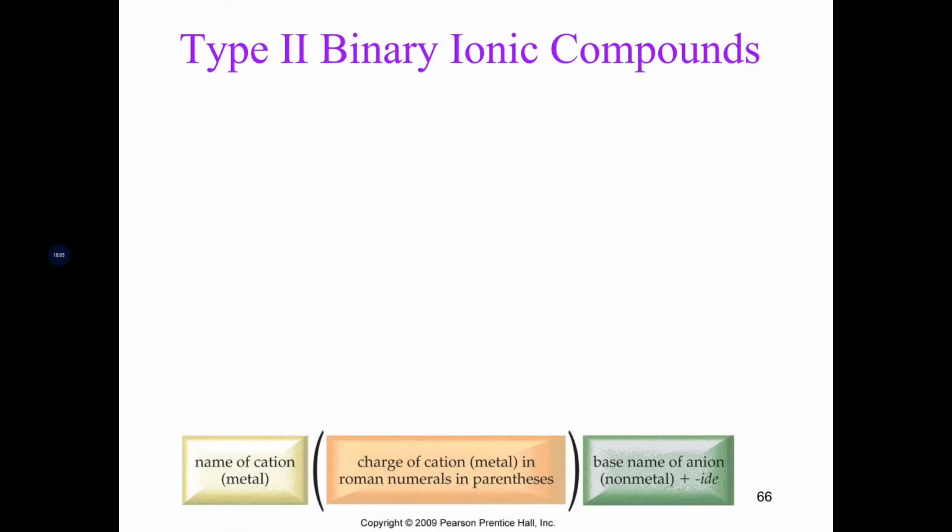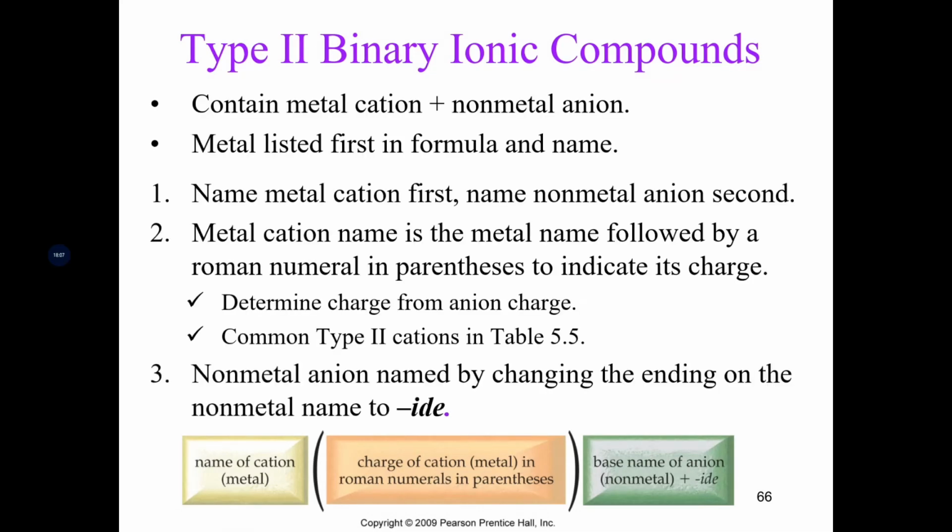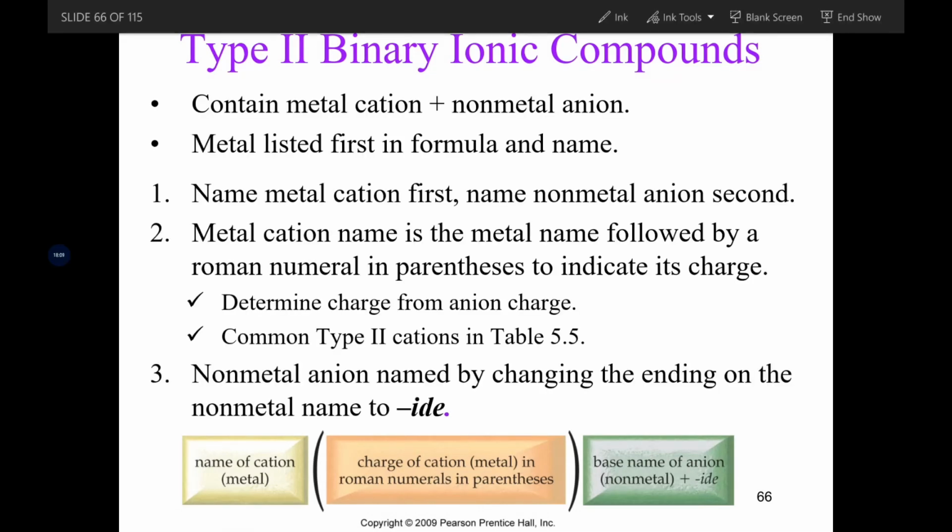With type 2, we're going to do the same thing as we did with type 1, with one exception. We start by naming the metal cation, but we're not going to jump directly to the name of the anion. We need to indicate in parentheses the charge of the cation.